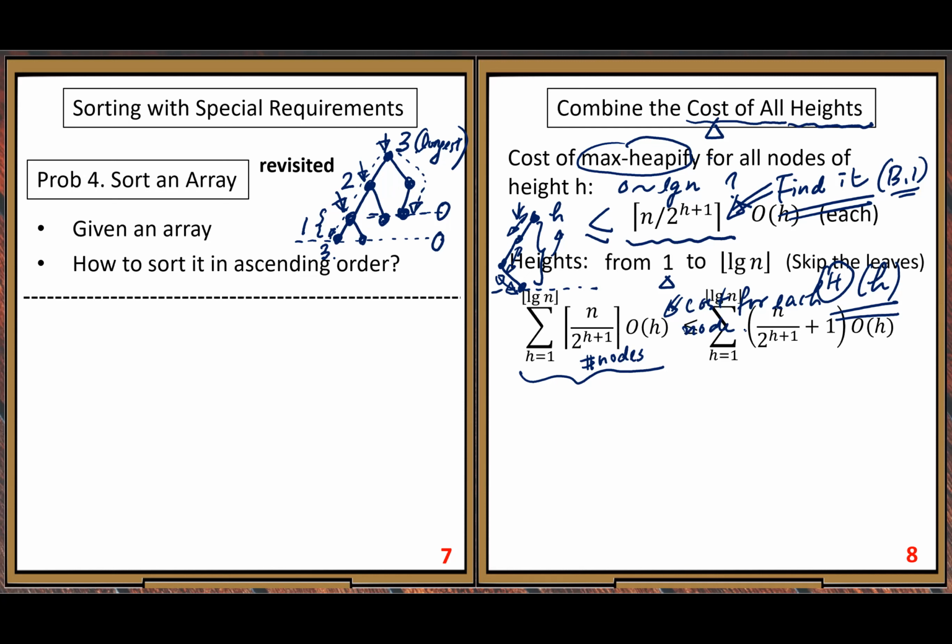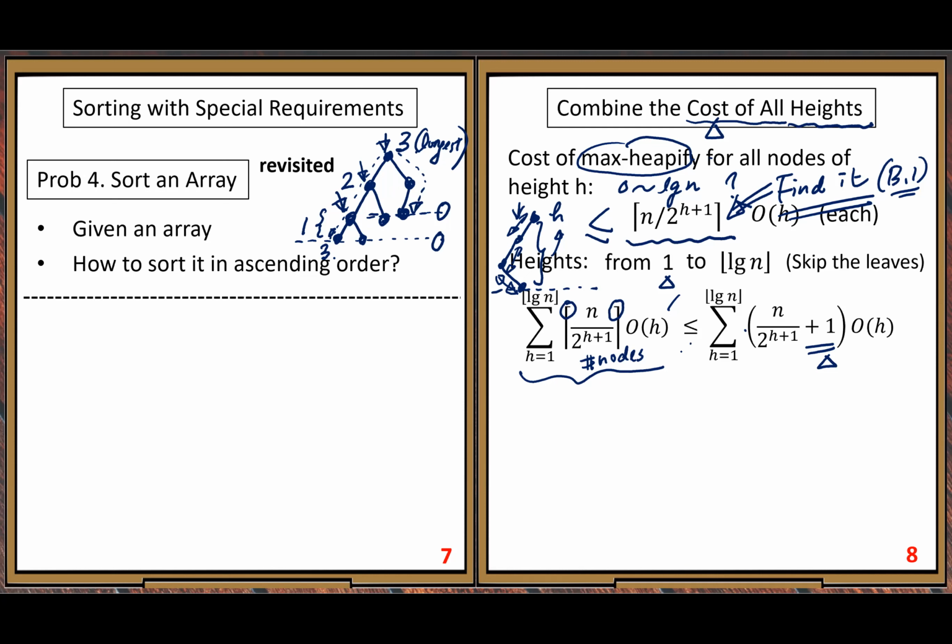Now let us try to estimate. Because the ceiling function is not easy to handle, we want to remove it. If we remove it, we need to make the expression larger by adding 1. The expression without the ceiling function is a little smaller than the one with it, but if we add 1, it will be greater.